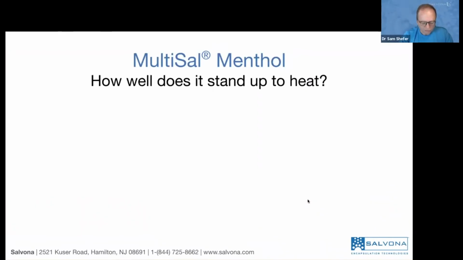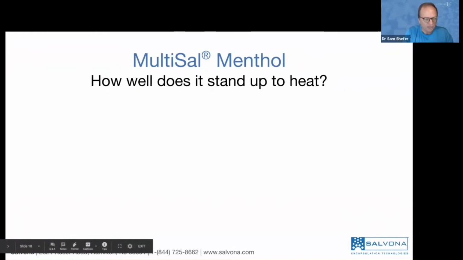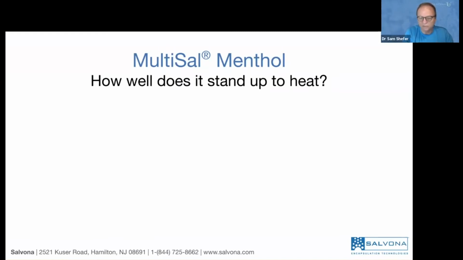Now, another very important feature of MultiSal is heat stability. And if you look at the lab in the back, there is a machine that's called DSC, TGA. DSC stands for differential scanning calorimeter. This is a system that exposes a sample to heat in a systematic way.